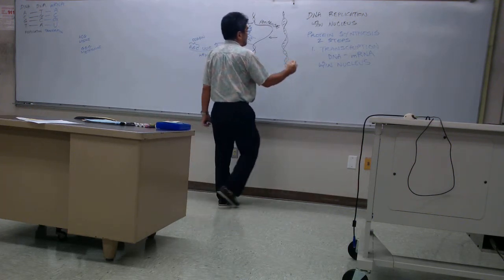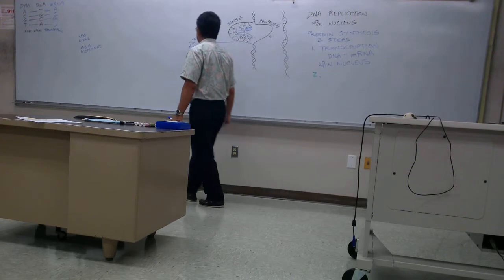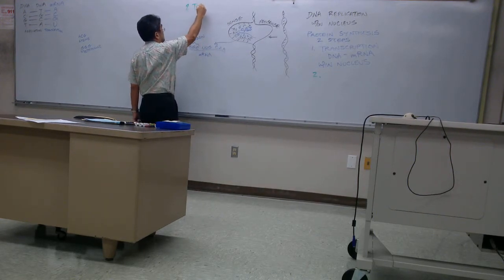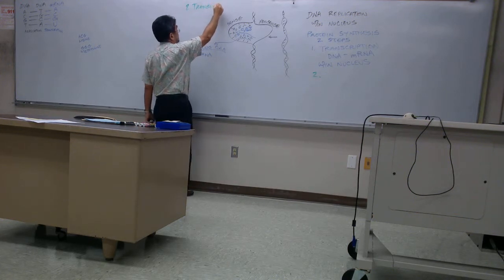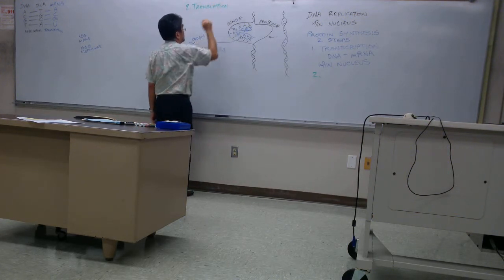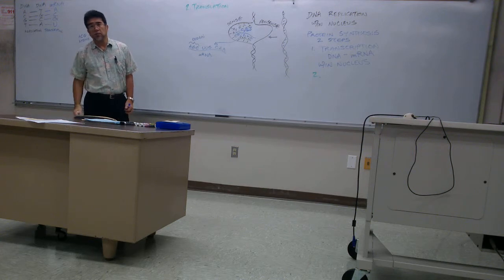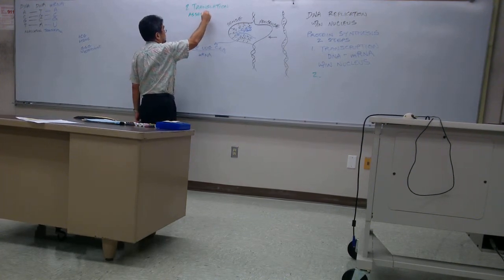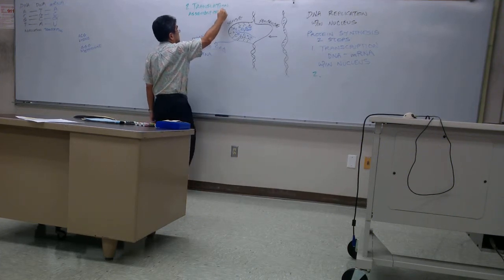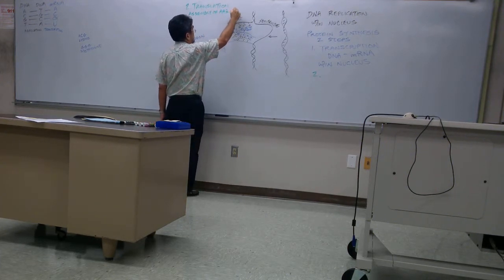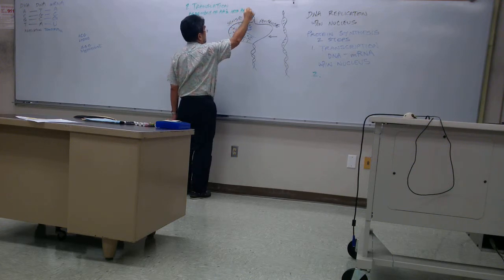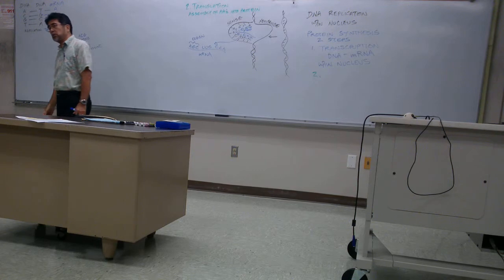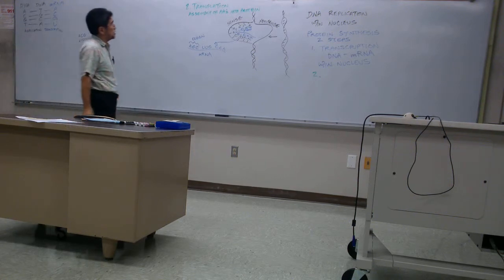The second step, protein synthesis. Getting too low on the board. Second step, protein synthesis is translation. Translation is the assembly of amino acids into protein. The actual synthesis of protein is called translation.